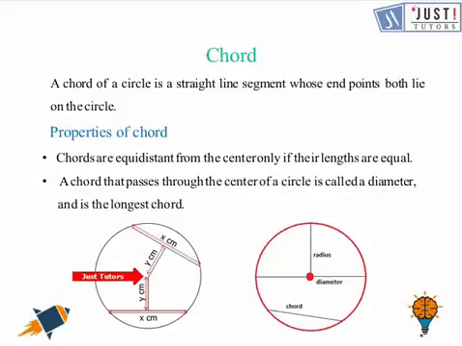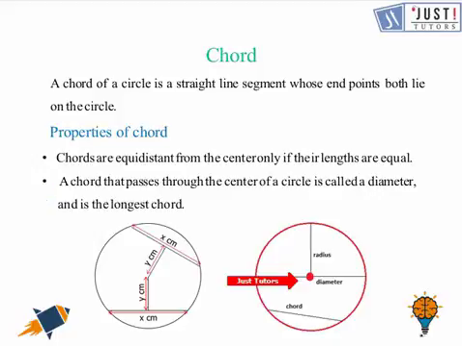This is the center and they are both at a distance of y centimeters from it. The converse is also true: if they both are equidistant from the center, that is, both at a distance y from the center, then they both will be equal in length.